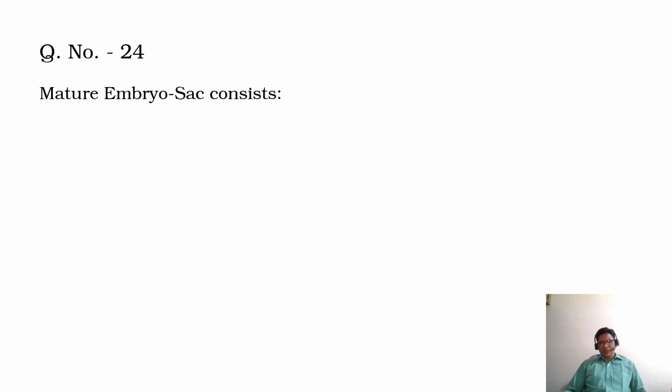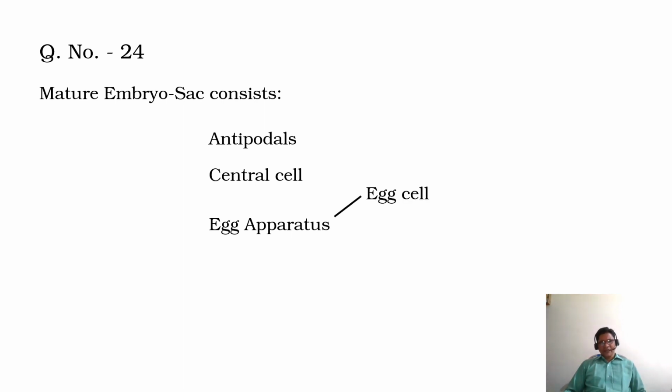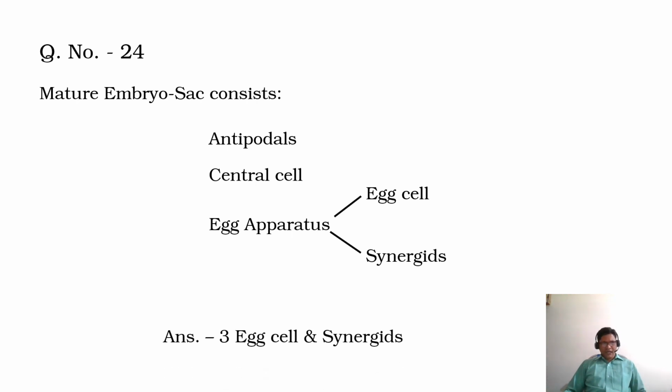A mature embryo sac consists of antipodals at the chalazal region, the central cell at the center with two polar nuclei, and the egg apparatus. This egg apparatus consists of the egg cell and two synergids. So the answer is option 3. Egg cell and synergids are present in the egg apparatus.